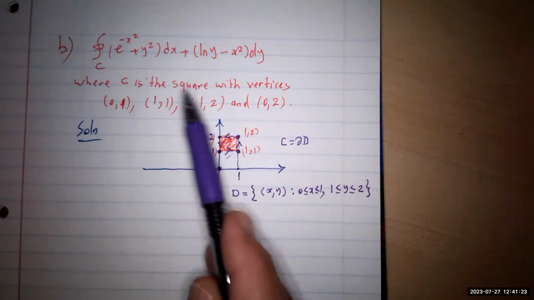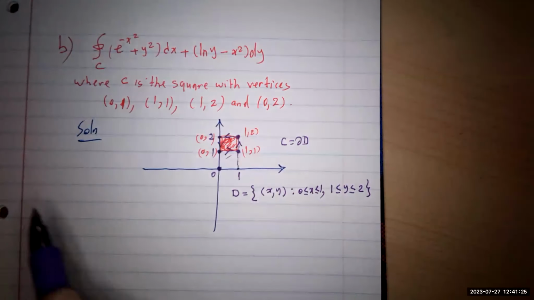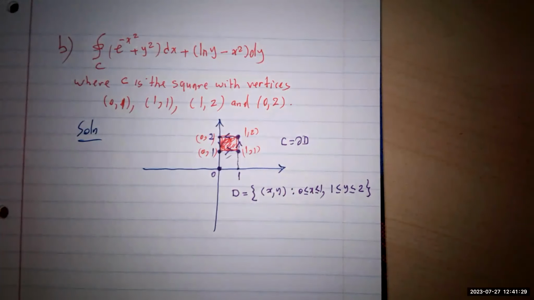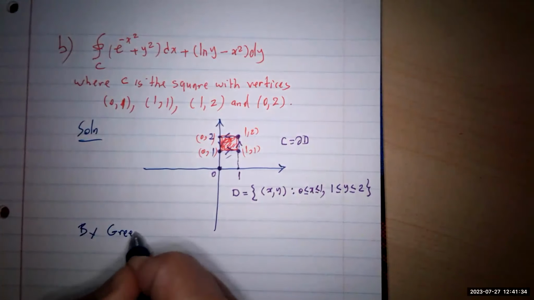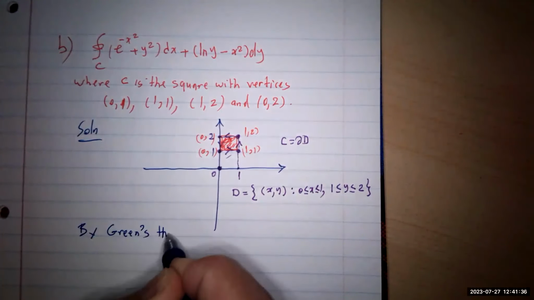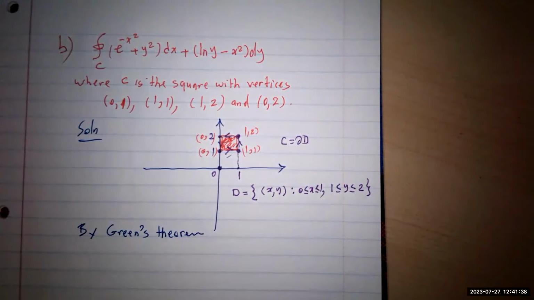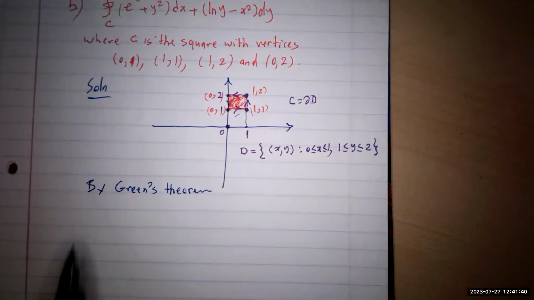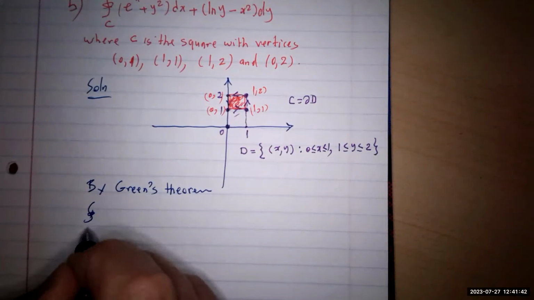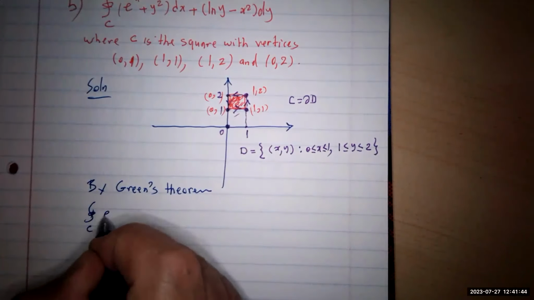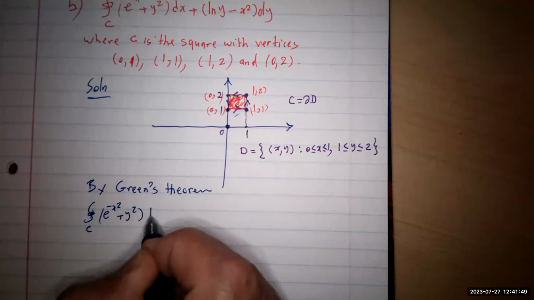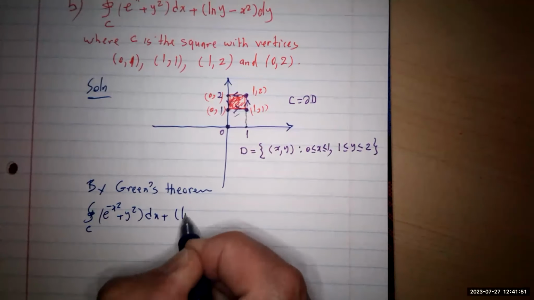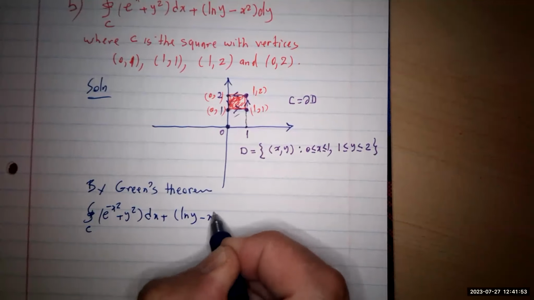By Green's theorem, let me just write it down once and apply it. The given integral on the closed path C is e to the negative x squared plus y squared dx plus ln y minus x squared dy.